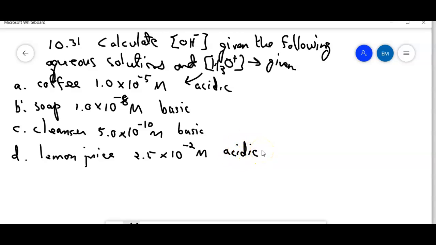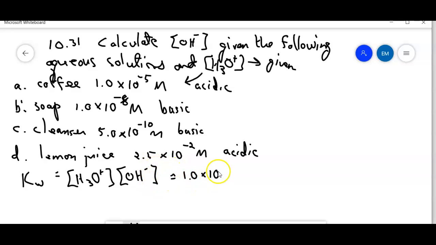Okay, so now let's do these numbers here. Remember, Kw is equal to the hydrogen ion concentration times the hydroxide ion concentration, and that's equal to 1.0 times 10 to the minus 14th.